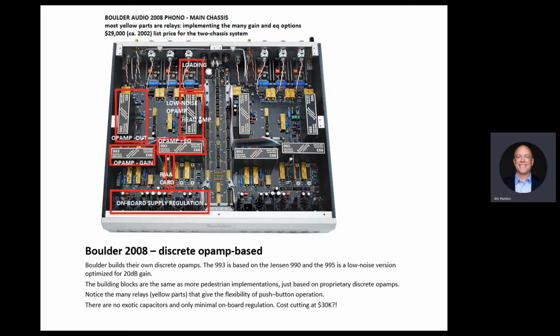The RIAA is implemented in plug-in cards. So there's a card here, a card here, a card there. You can have several curves and you can select between them. So you can have a Columbia curve, London curve, and standard RIAA. Those relays will click when you select one of those.